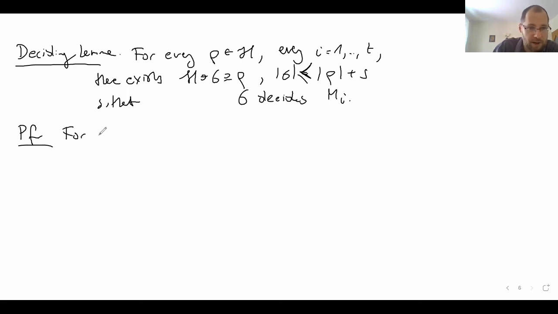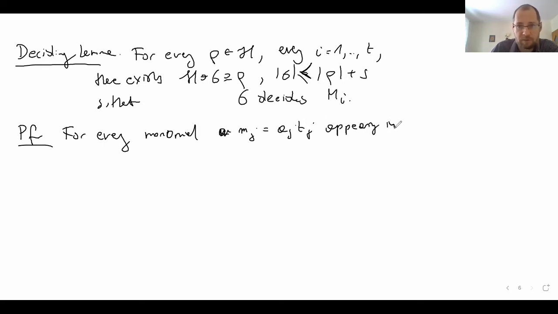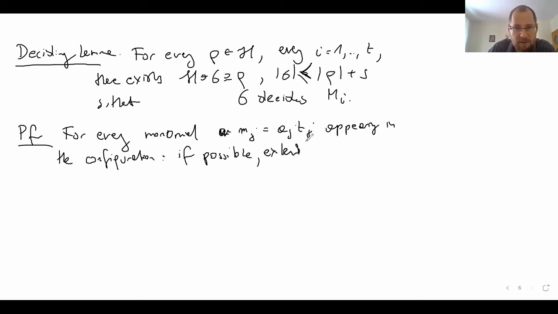So for every monomial, say m_j equal to a_j t_j appearing in the configuration, extend, if possible, the current rho by just one bit.